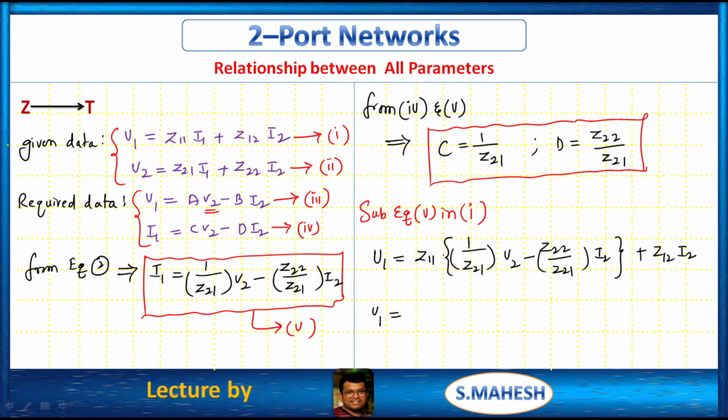From this V1 is Z11 by Z21 into V2 minus Z11 Z22 by Z21 I2 plus Z12 I2. This is Z11 Z22 minus Z12 Z21 by Z21. Sorry, this is Z12.